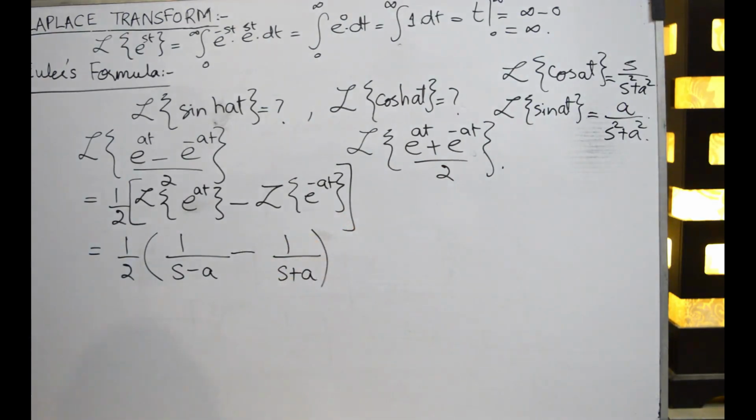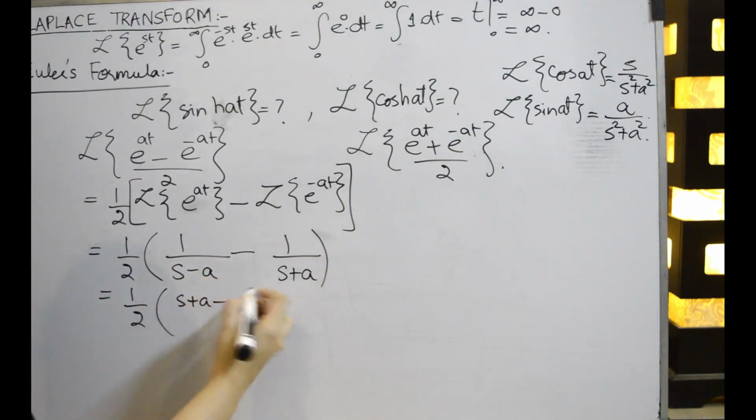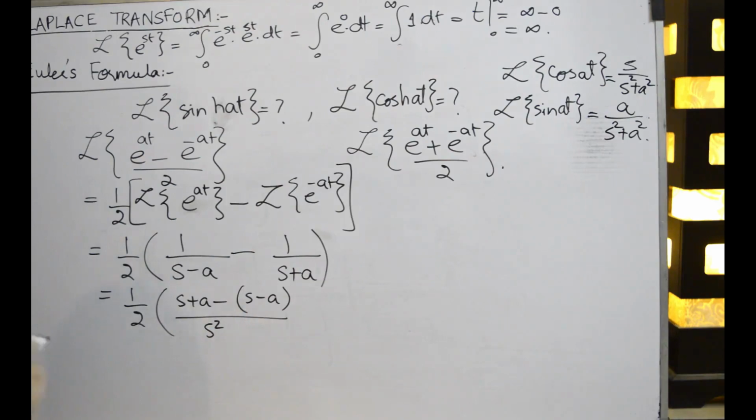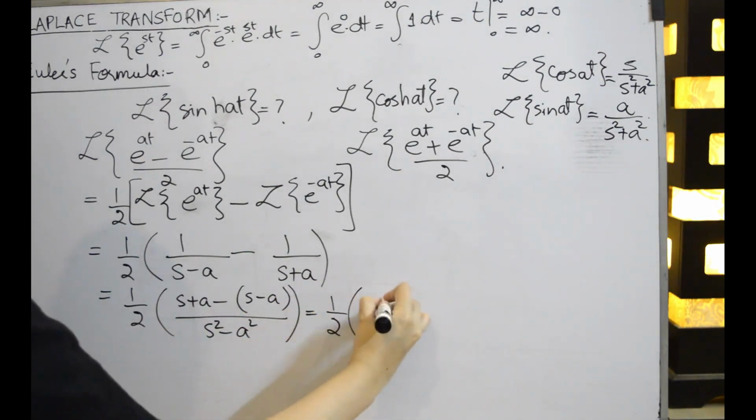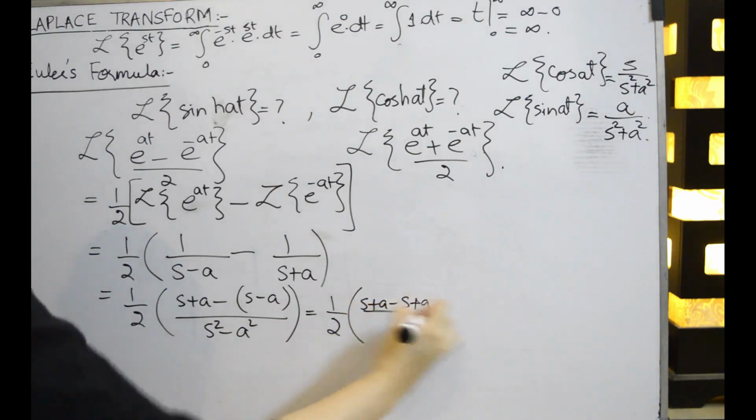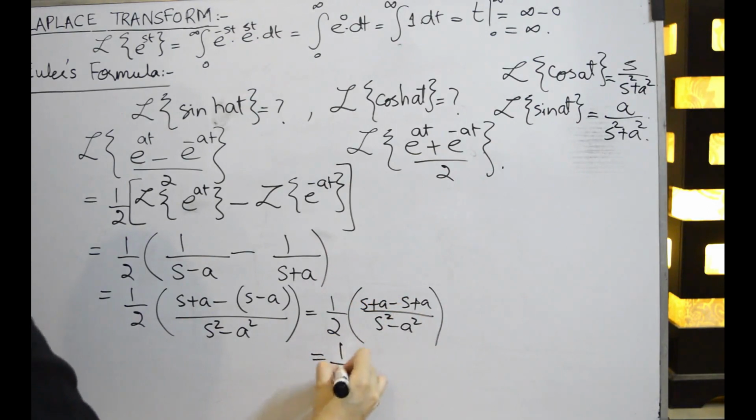So what you need to do is take the LCM, and that makes it s plus a minus s plus a... divided by (s plus a) into (s minus a). That makes it s square minus a square. So 1 by 2 into (s plus a minus s plus a) divided by s square minus a square, which is 1 by 2 into 2a, so a divided by s square minus a square.